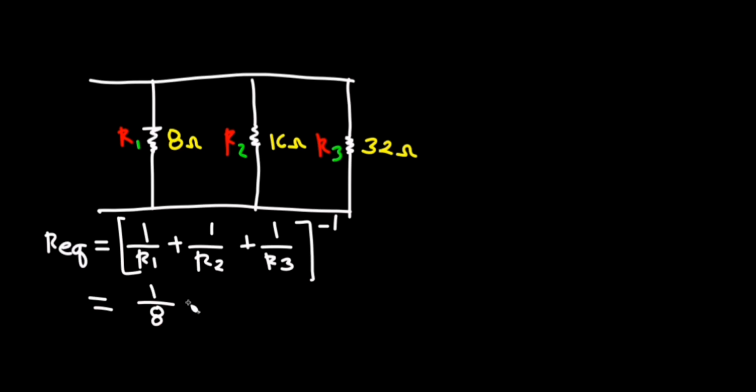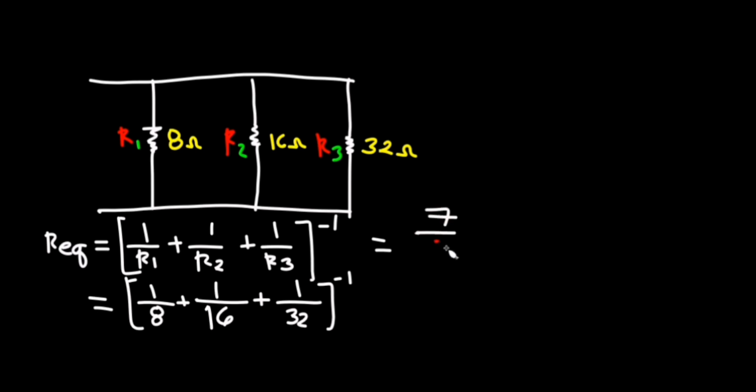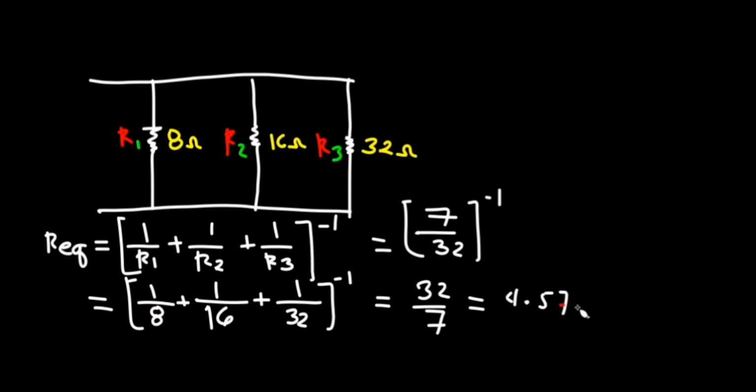Plugging in the values, (1 over 8 plus 1 over 16 plus 1 over 32) raised to negative 1. This will be 7 over 32 raised to negative 1, or 32 over 7. And this will be equal to 4.57 ohms.